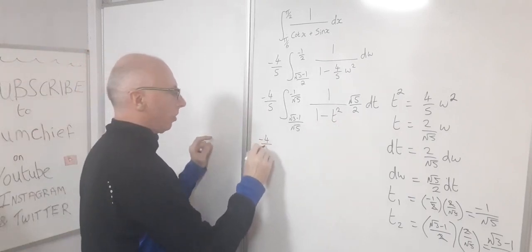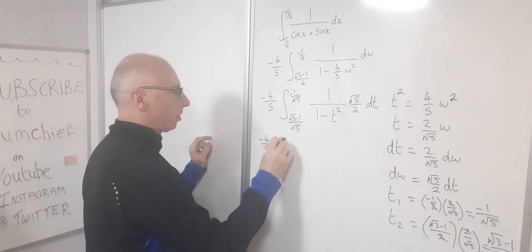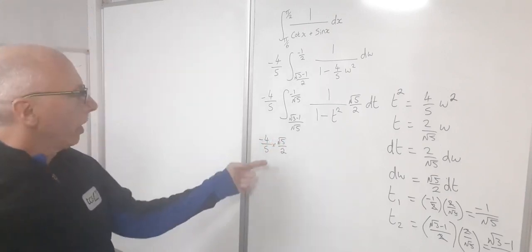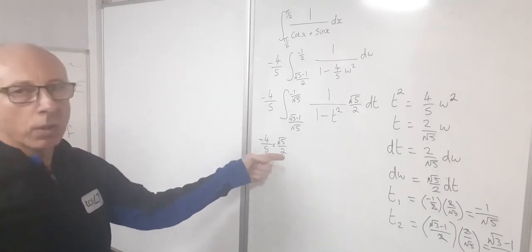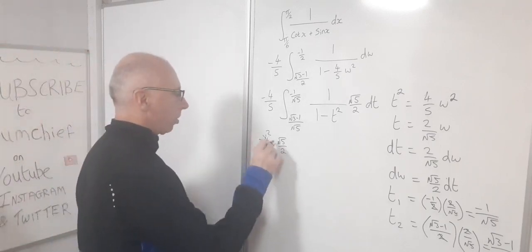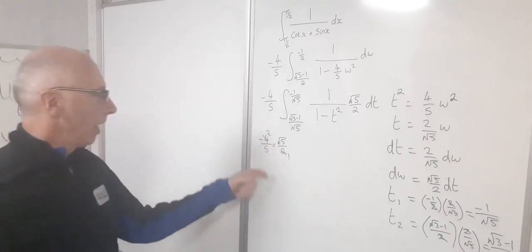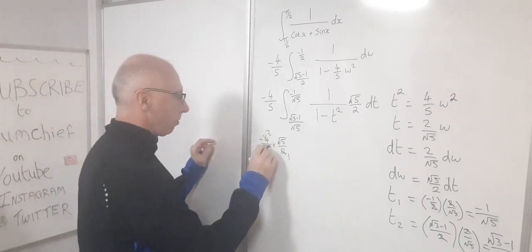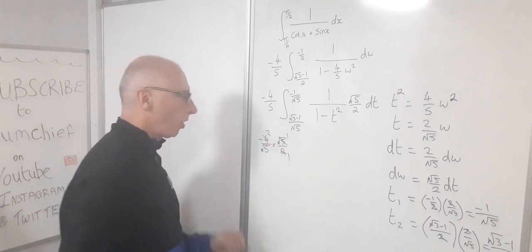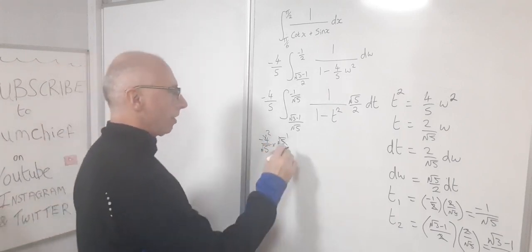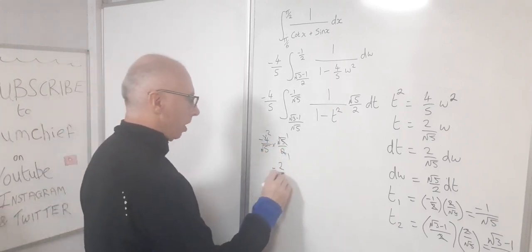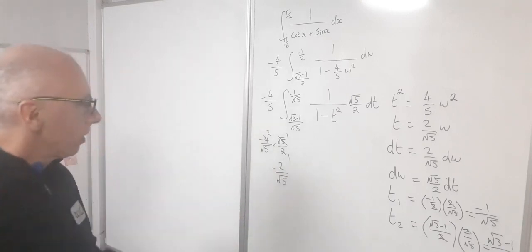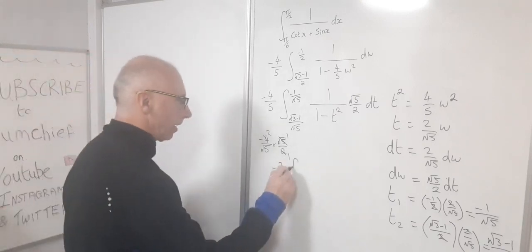So minus 4/5 times root 5 over 2. Well, these will cancel out to give us a minus 2, and that's a 1. And then if we divide both of these by root 5, we just end up with root 5, and that would just become 1. So then we end up with minus 2 over root 5. That's great.